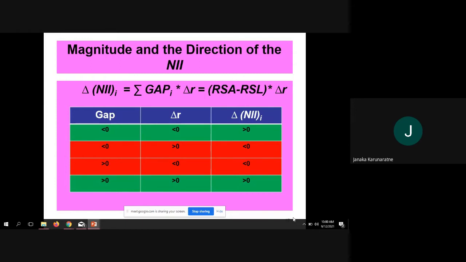So you have more liabilities. The benefit coming from repricing liabilities as a result of declining interest rates is far more than the benefit on the asset side.